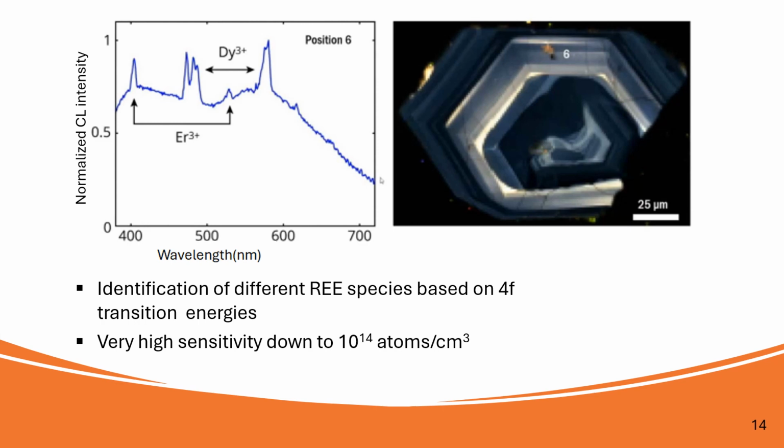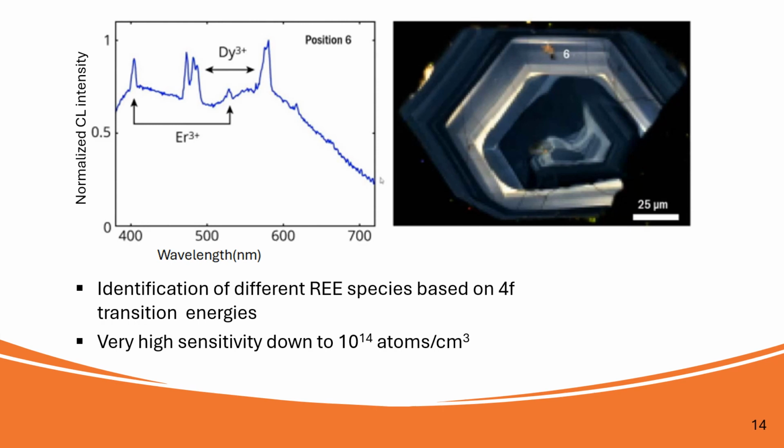So we can talk about different zones here as well. As I discussed just a few seconds ago, if we pick one of the locations, like the 6th zone, and take a closer look at the spectrum, we can actually identify the different rare earth elements based upon the f transitions.